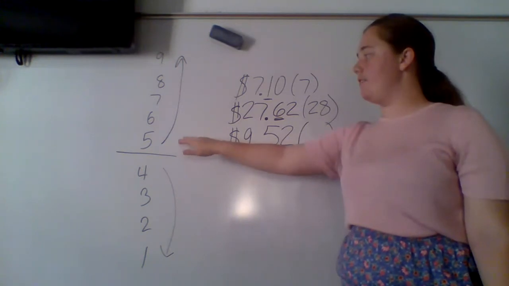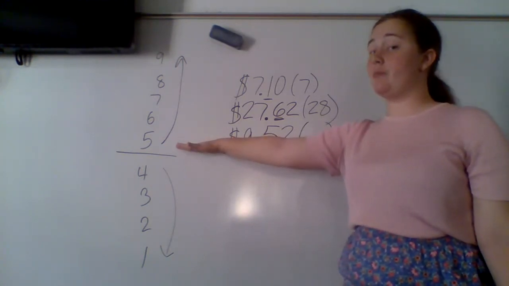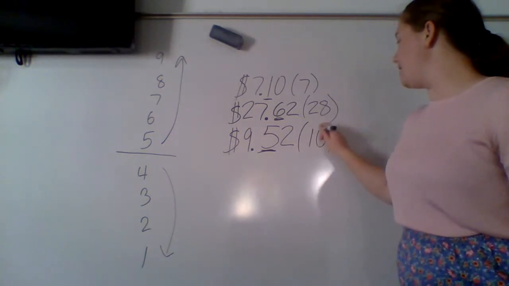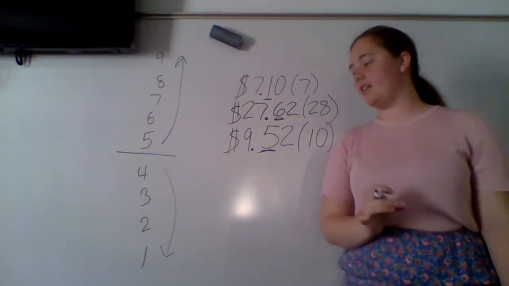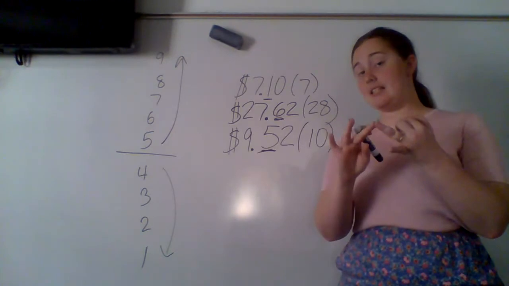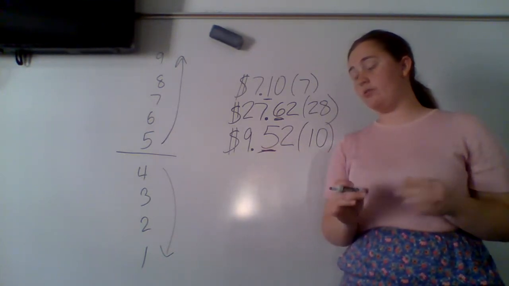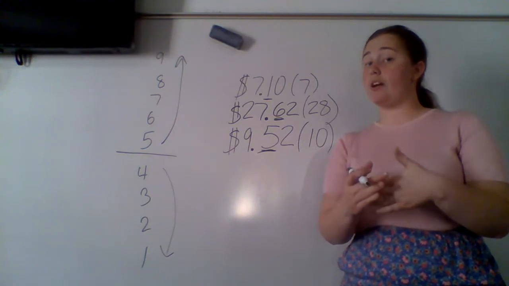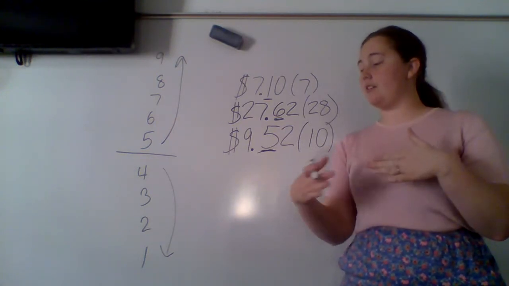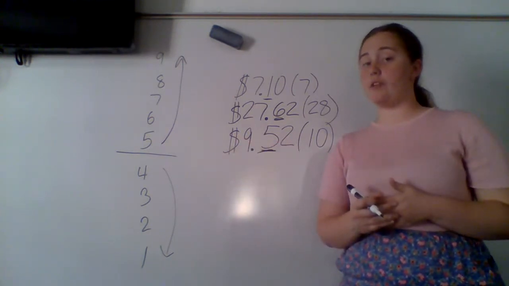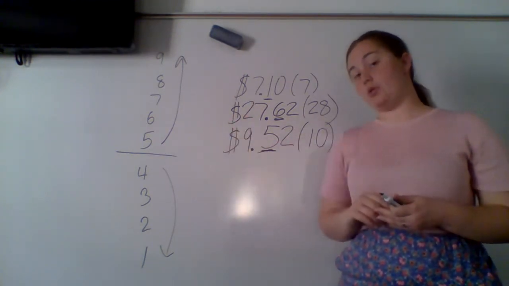The 5 is actually my lowest number that I can go while still rounding up. So it will get rounded up to $10. Go ahead and fill that in underneath. You have D, E, and F that need to be done. Go ahead and do those on your own. You can pause it right now and do D, E, and F. And then when you're finished, I will be going on to the story problems.